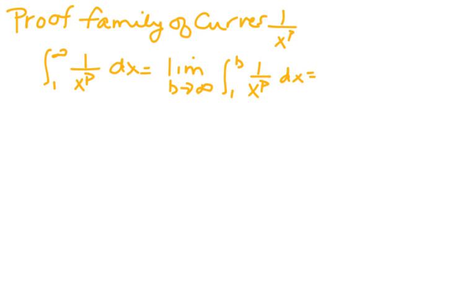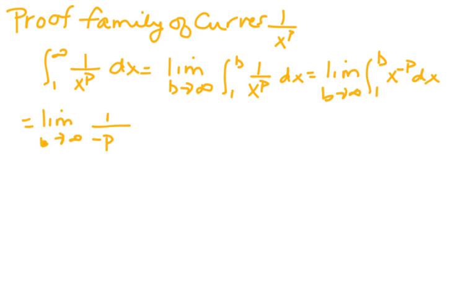And this is the same thing. I'm just going to rewrite this with a negative exponent as the integral from 1 to b of x to the minus p dx. So let's take the antiderivative. This is equal to the limit as b goes to infinity of 1 over negative p plus 1, times x to the minus p plus 1, evaluated from 1 to b.